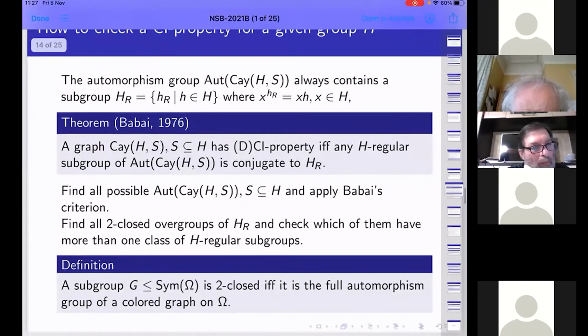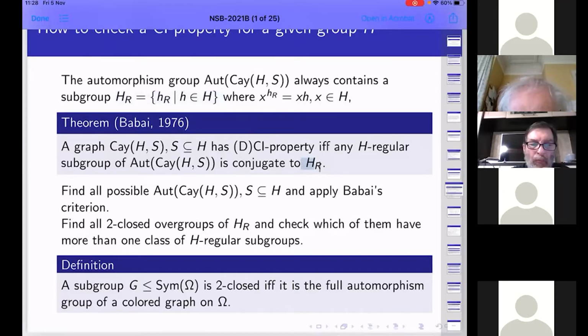The basic fact is that the automorphism group of a Cayley graph contains a subgroup which is regular and isomorphic to H. And Babai proved the theorem that the Cayley graph has the CI property if and only if every subgroup of the automorphism group which is regular and isomorphic to H is conjugate to this regular subgroup HR.